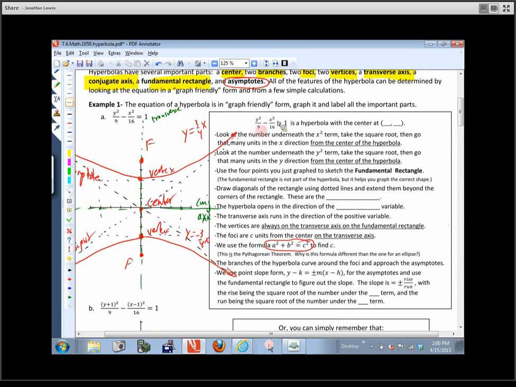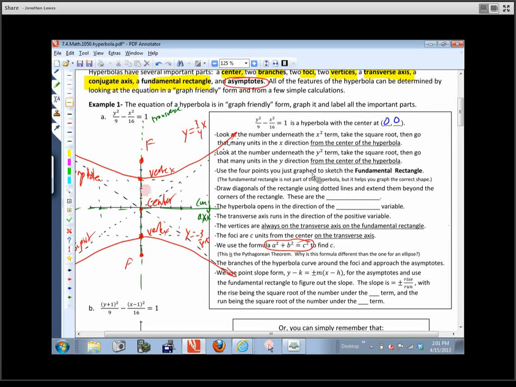If we have an equation like this, it's got two squared variables and they have different signs. So we know it's going to be a hyperbola. If it happens to look like this, where's the center? 0, 0. Okay? We look at the number underneath the x squared term, take the square root, we go that far in the x direction, and we go that far from the center of the hyperbola. We look underneath the y squared term, we take the square root of that, we go that far in the y direction.